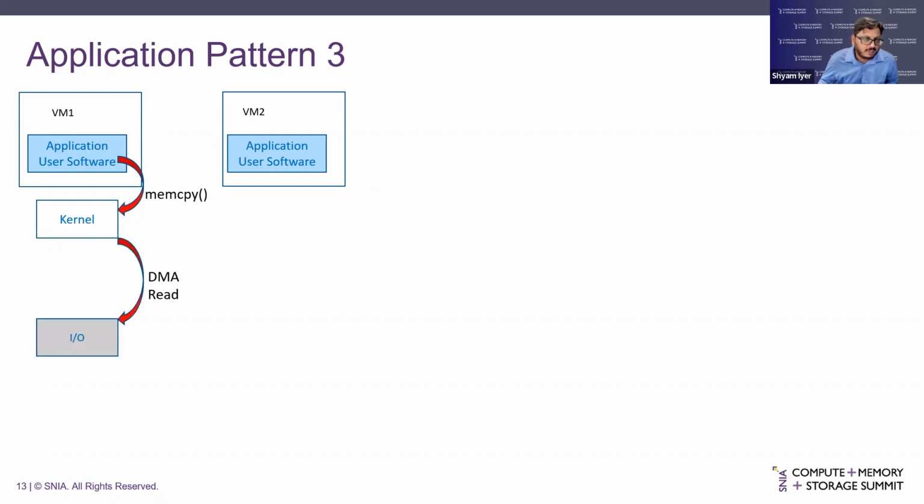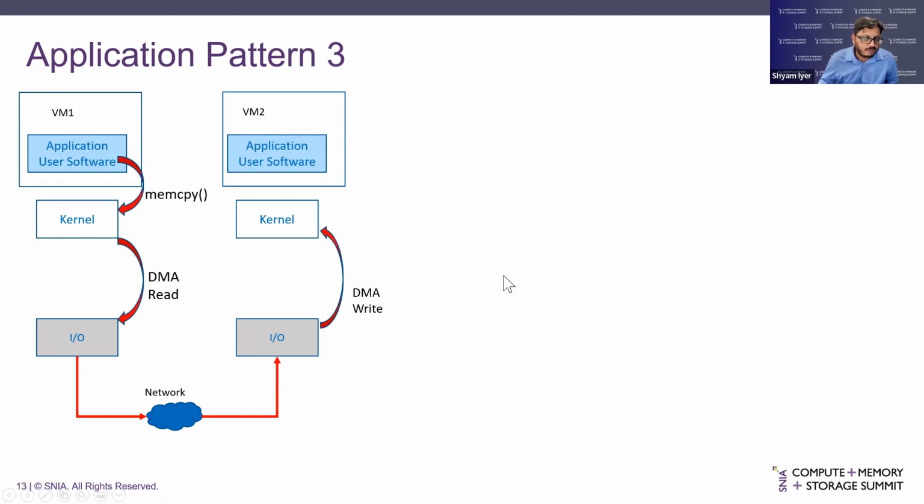And then maybe, at least even if you optimize it, there is one more DMA read going into an IO device. It may go in through a network, come back to another IO device or the same IO device. And then a DMA write will need to happen. And then the kernel has to now write the data into the second virtual machine's buffer.